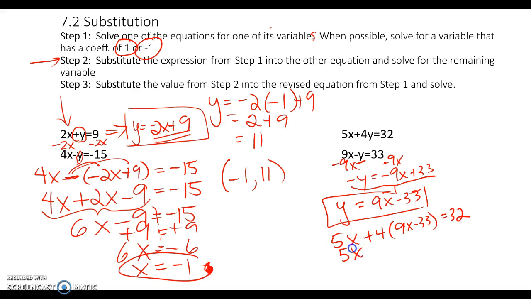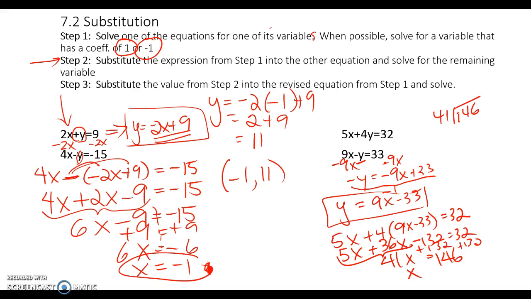All right, 5x plus 36x minus 132 equals 32. Combine like terms. 41x equals, I'm going to add 132 to this, 164.